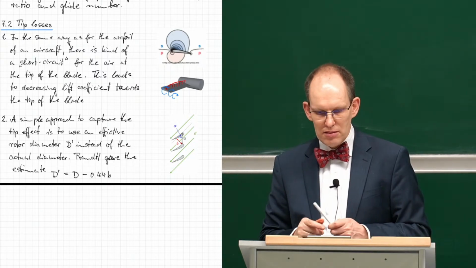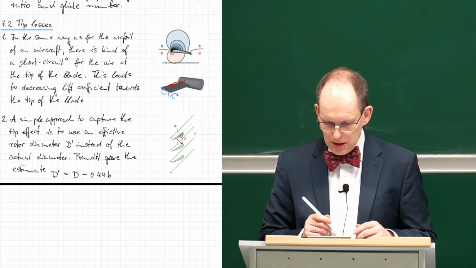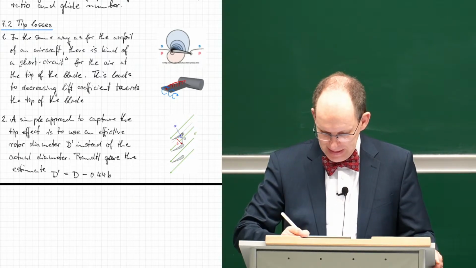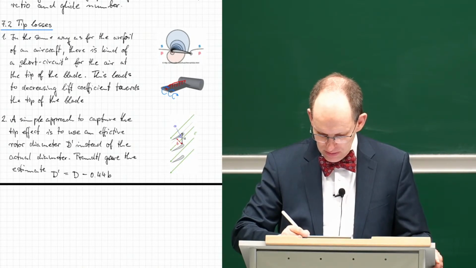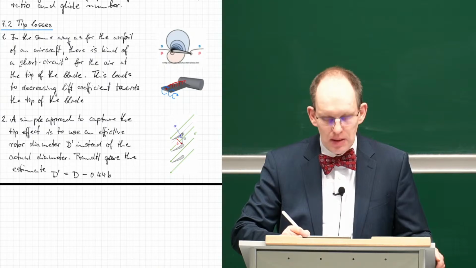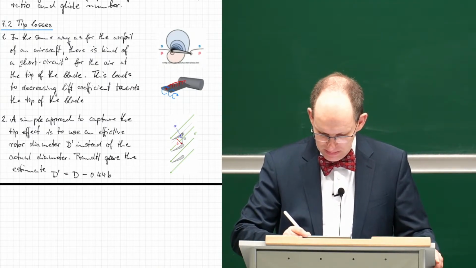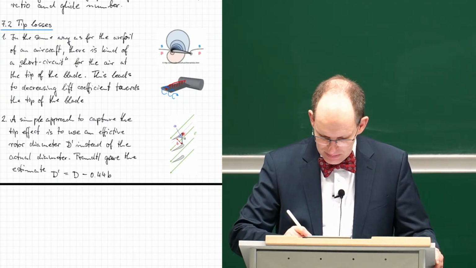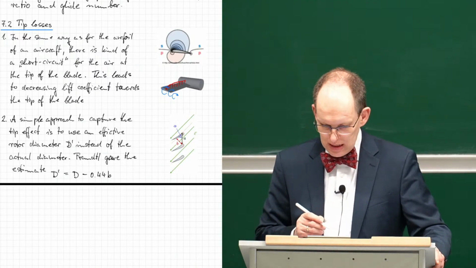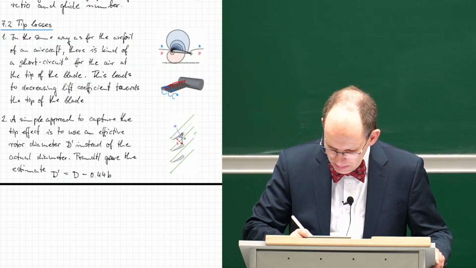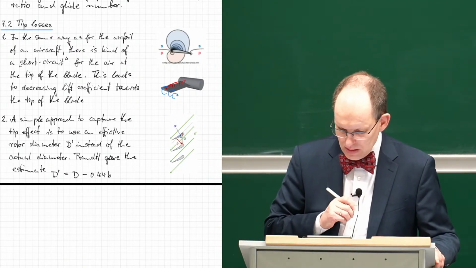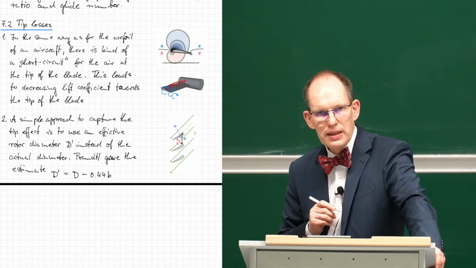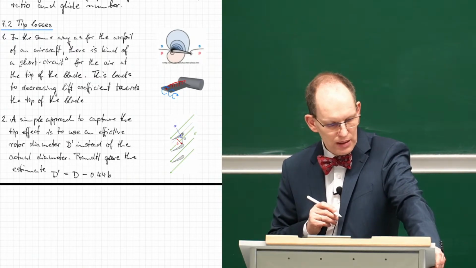But just to see how this is defined, it's the distance of the blades. And actually, it's the projected distance of the blades, projected on the effective wind direction.